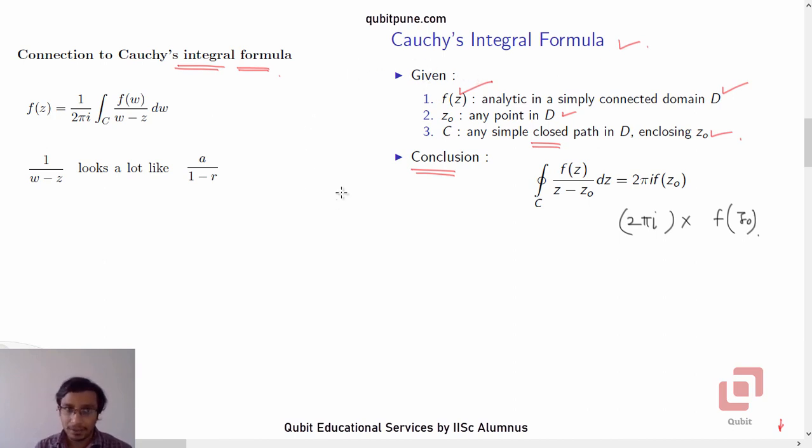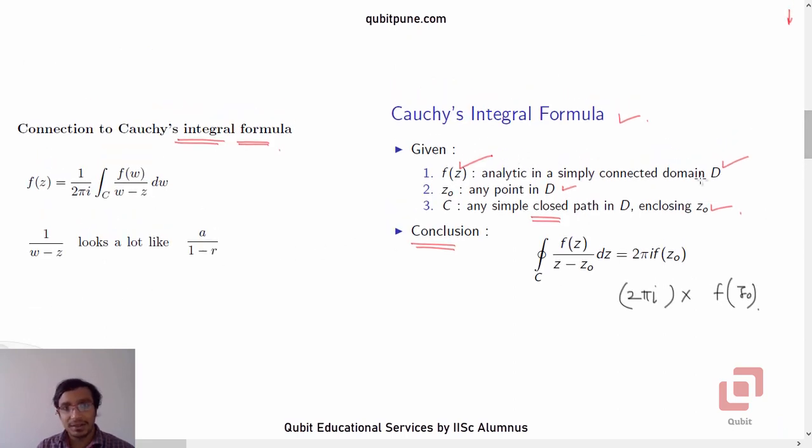Now I have modified it a bit. Instead of using the variable of integration as z, I'm using the letter w. So the variable of integration has changed from z to w, and the point has changed from z naught to z.